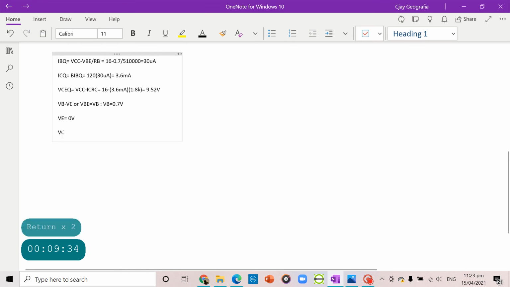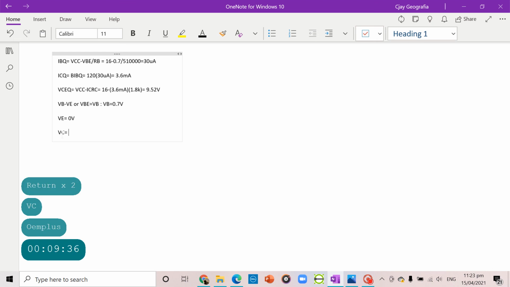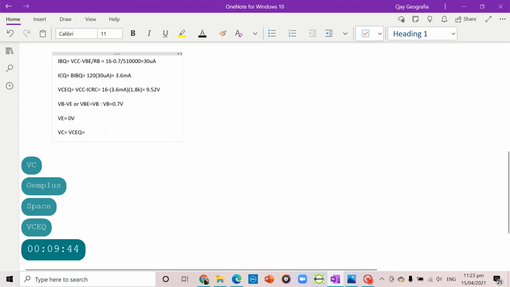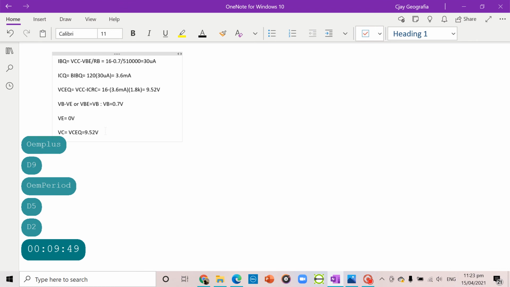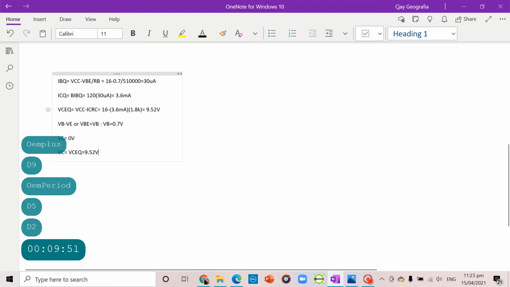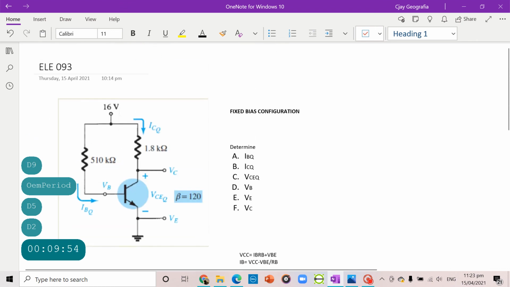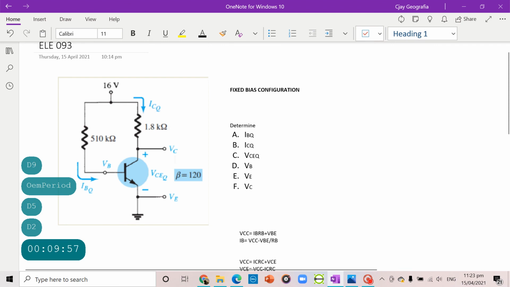And lastly, VC is also equal to VCEQ, which is 9.52 V. We can say that VC is equal to VCEQ, because if you get a tester and test from this VC, from there and there, you can get the 9.52.